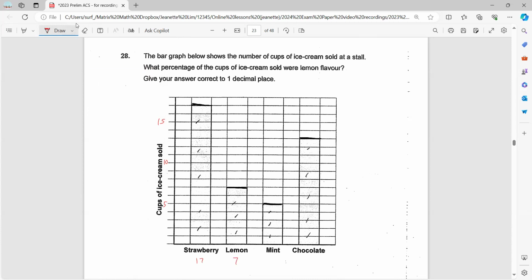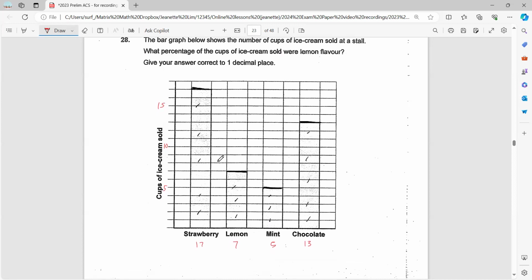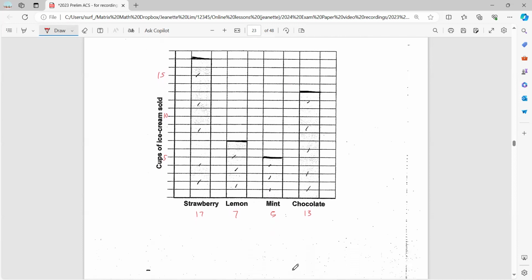Mint is 5 units. Chocolate is 13 units. We don't really have the actual number, just the units or the ratio or the proportion. It doesn't matter because we want to find percentage. Percentage is a proportion, so you just need to know the proportion. So the total is 17, 7, 5, and 13, which will be 42.